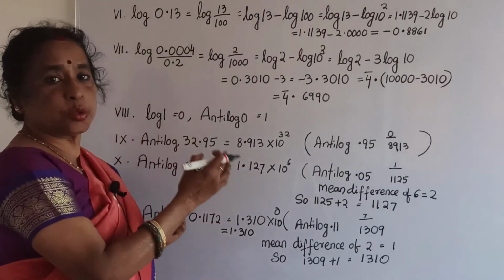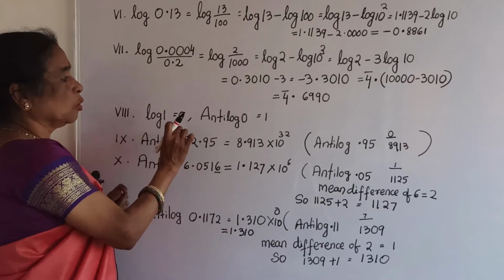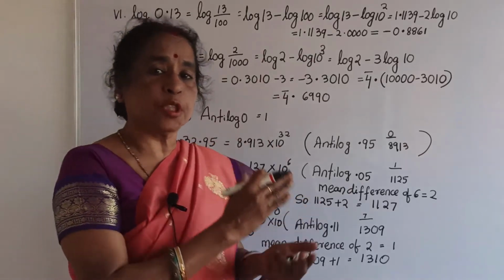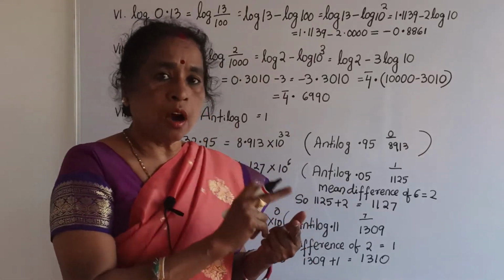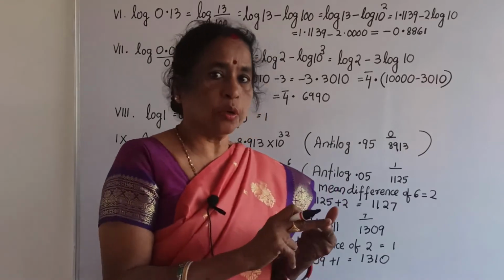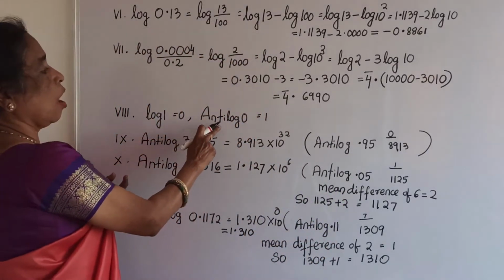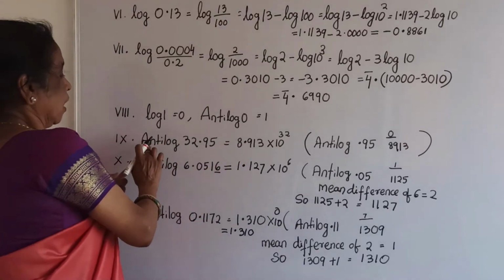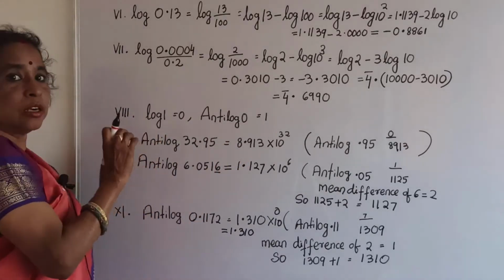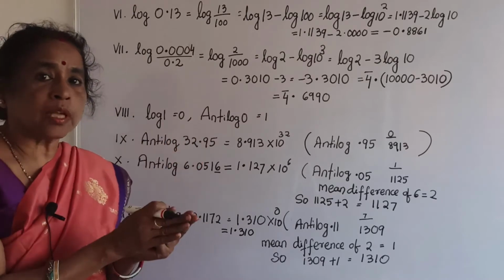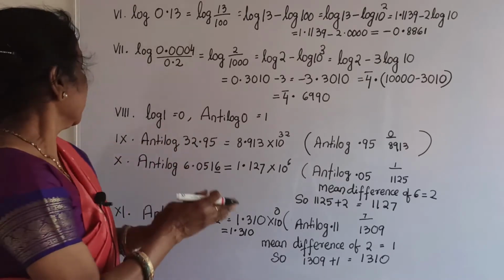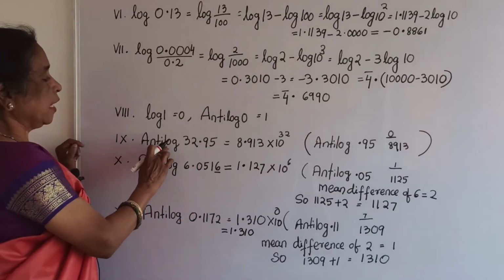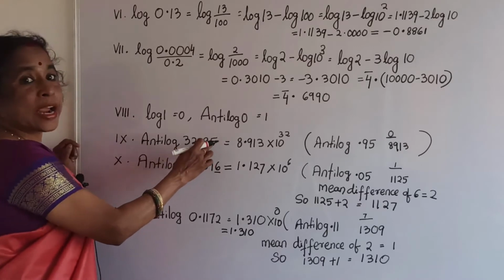Now we will see log 1 equal to 0. Then I already told anti-log of 0 equal to 1. That means here you will see log and anti-log are both interrelated. Now the question: anti-log 32.95.